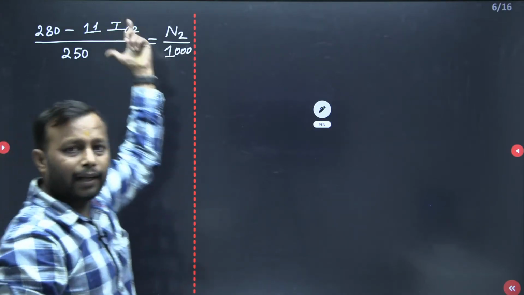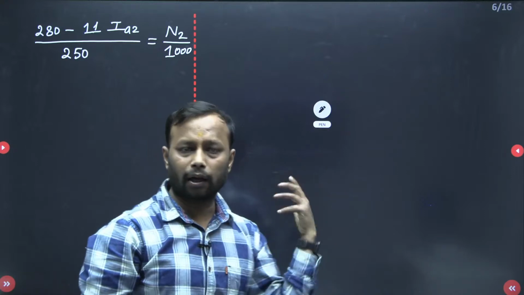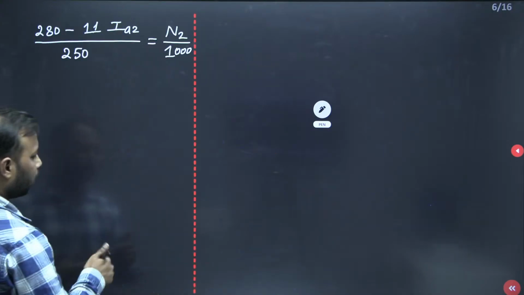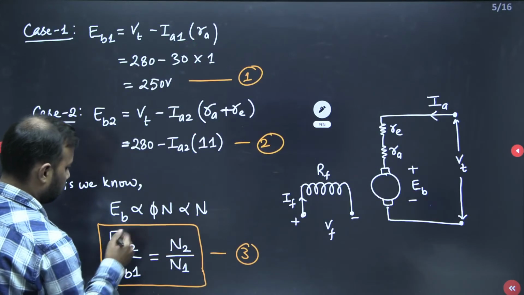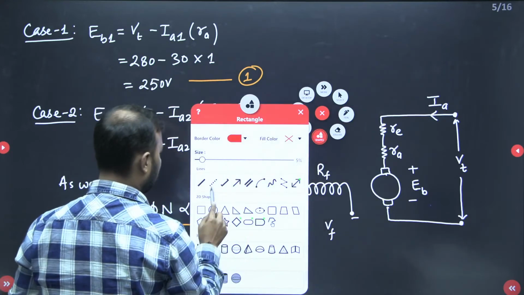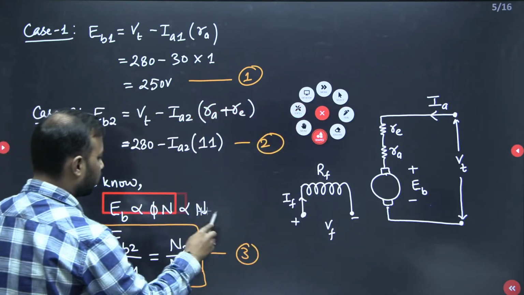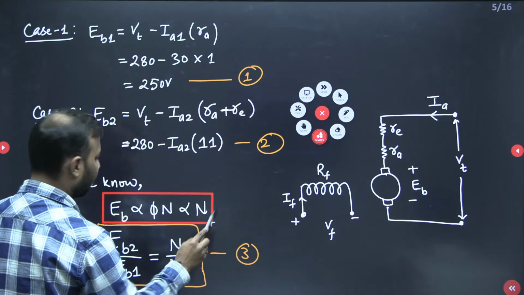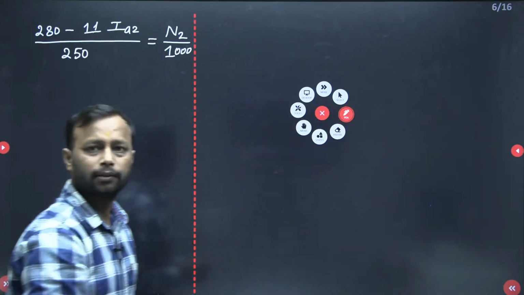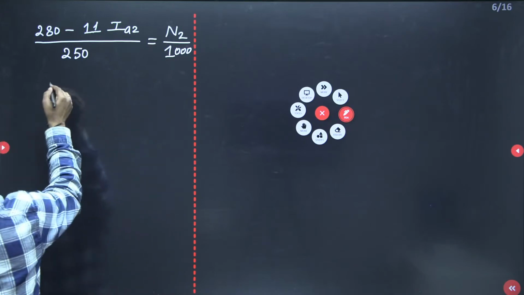Now IA2 is unknown. If I have IA2, I will have my answer. Since I have used one equation, let us come to the next equation. Whichever formulas I am boxing are very, very important, and most of the time we will be using those formulas only.